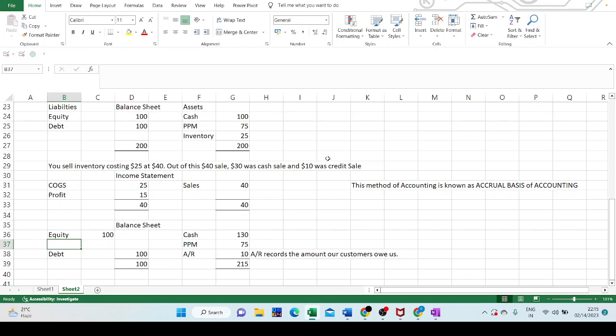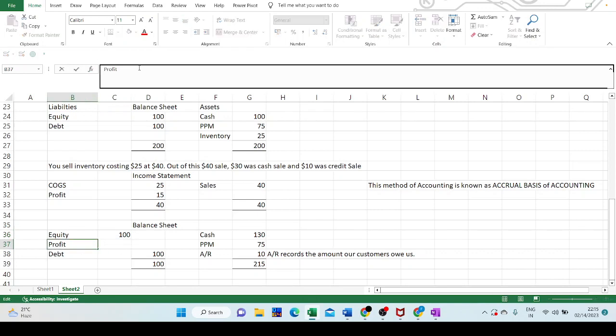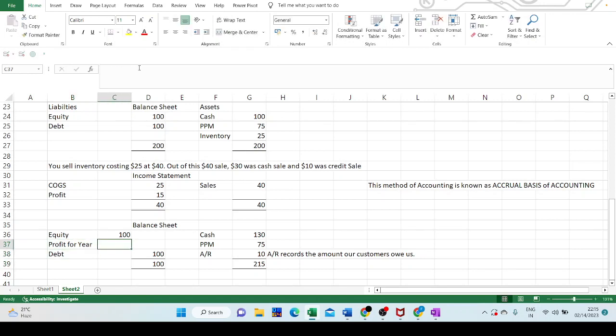So we'll add the profit for the year to equity. Obviously profit for the year would increase your shareholder equity, right?